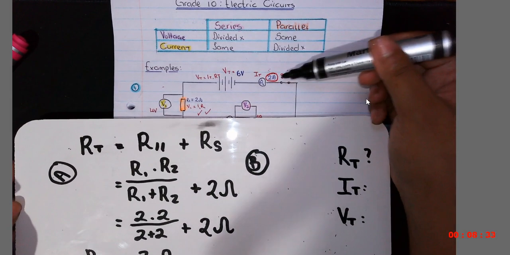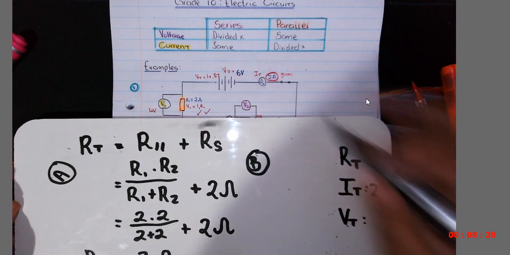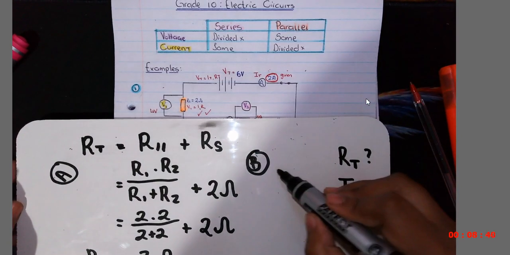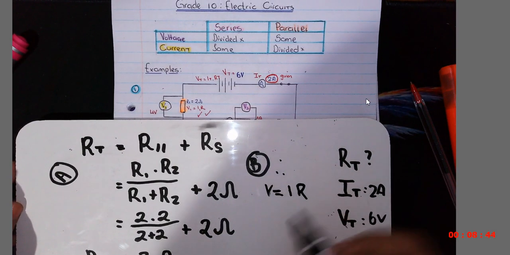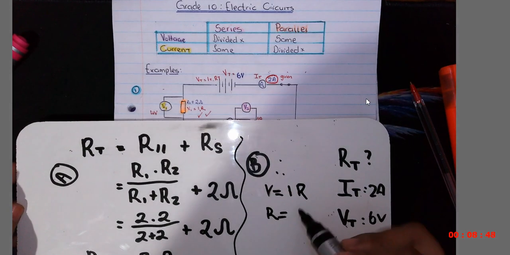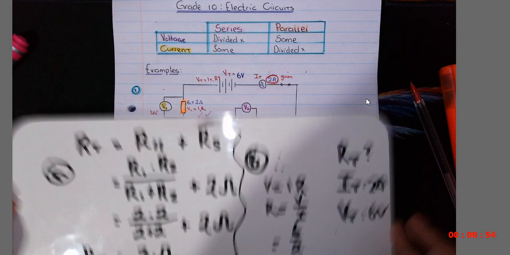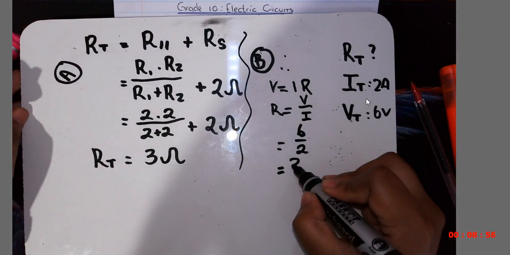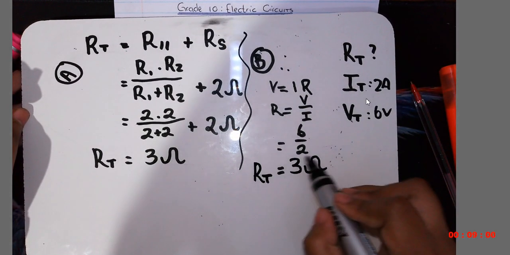I total is 2 amperes and V total is 6 volts, and so if V is equal to I times R, that means R is equal to V over I, which is 6 over 2, and that is how we get the 3 ohms for the entire circuit.